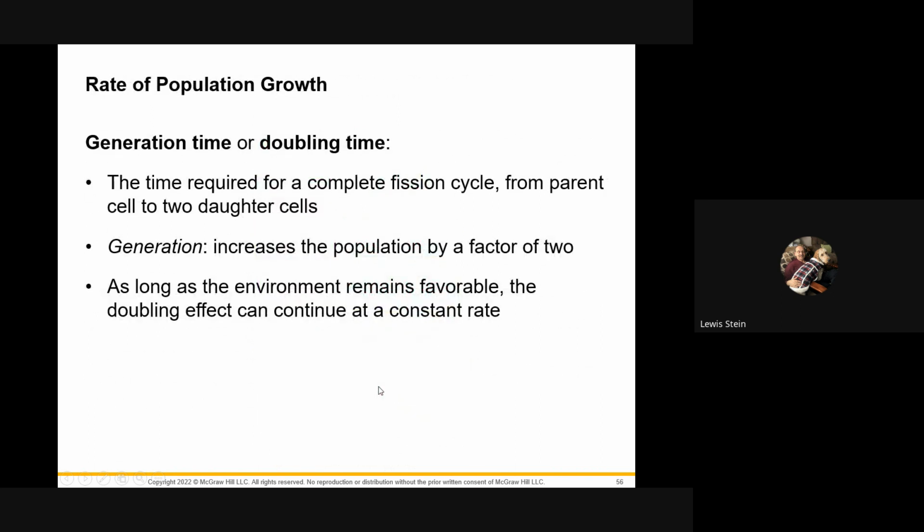We look at the time. It's classically referred to as the doubling time because all it does is double. You start with 1 or you start with 1,000. 1,000 double, then they double again and again. So every generation, if you want to call them that, is a factor of 2. And as long as the environment, this is the big number, remains favorable, like in an open system like us, it will continue.